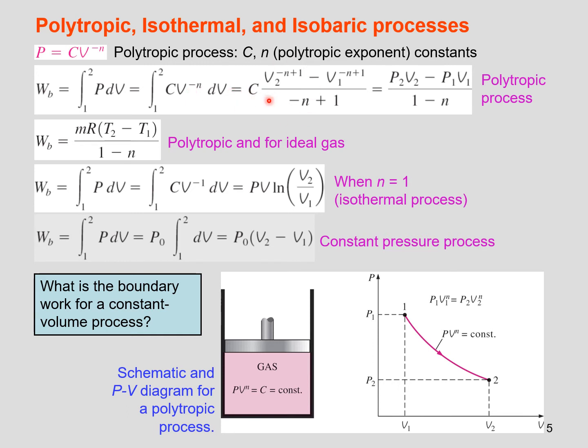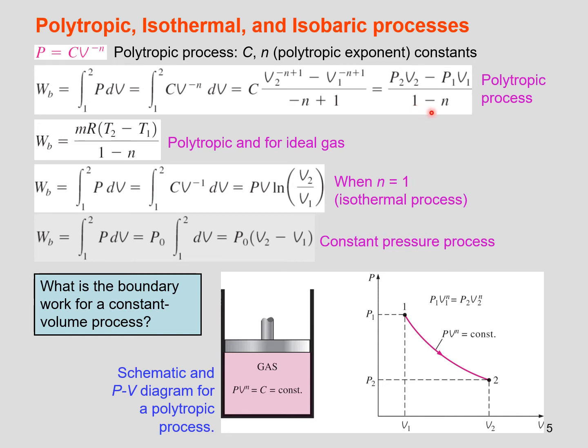Here you get the following terms: the difference in pressure. But you can go back to the original, pressure equals CV to the minus N, and substitute for C times V2 and C times V1, replacing them with the product of the pressure times the volume. This equation is very useful for calculating the work from a polytropic gas expansion.